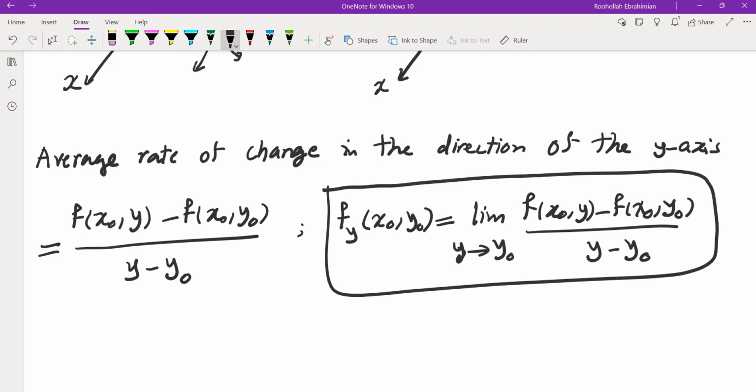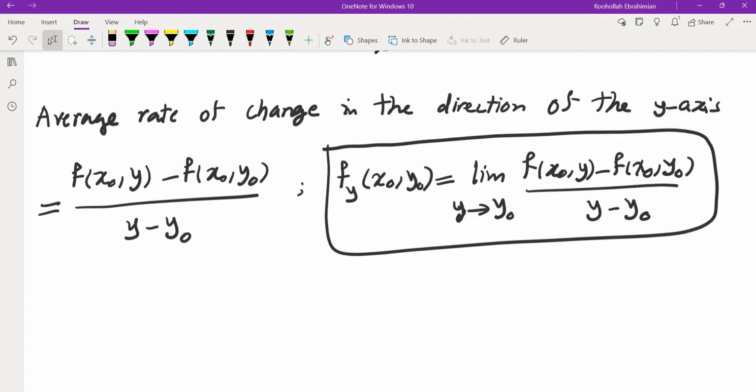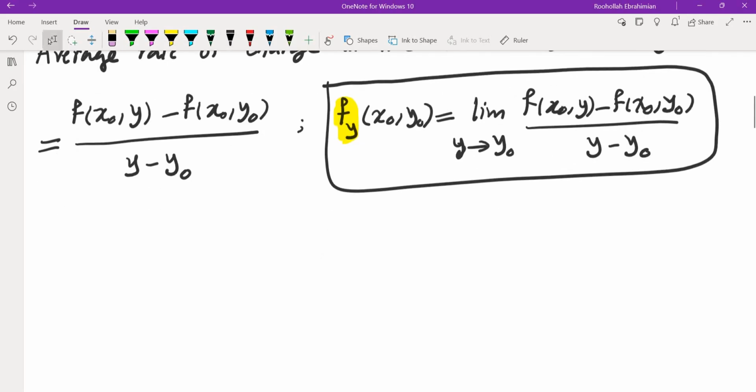That's the notation for the partial derivative of f with respect to y. Another common notation that people use is the Greek d. This is the same as f sub y. These are two different notations. There are other notations, but I'll stick to these two in this class.